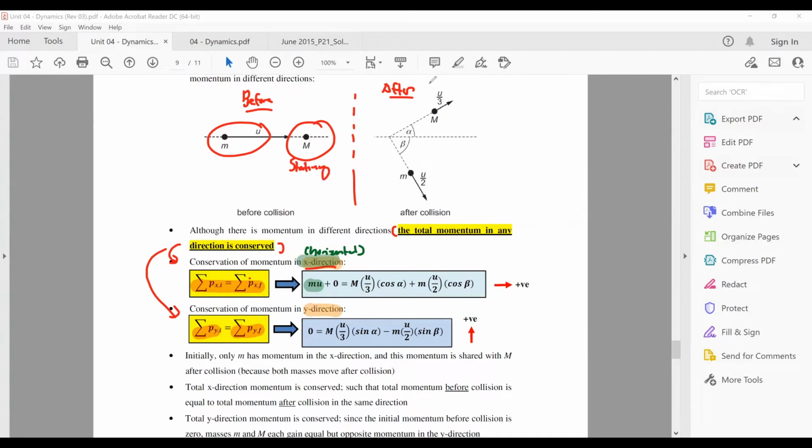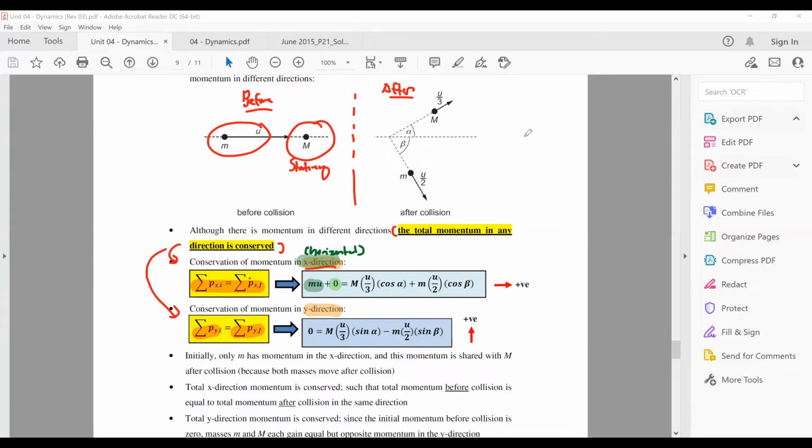The momentum in the x direction before collision is just going to be 0.